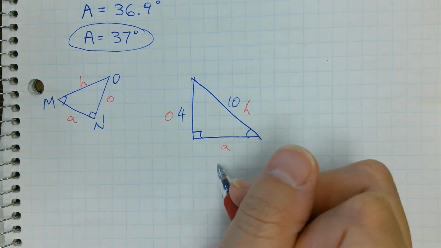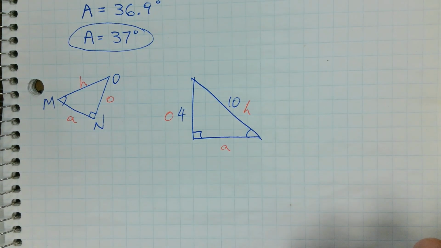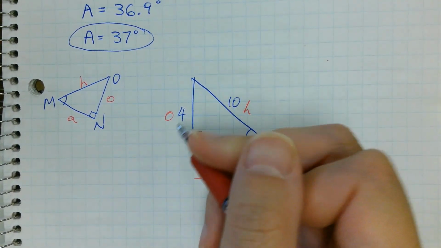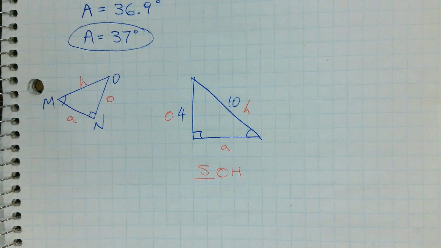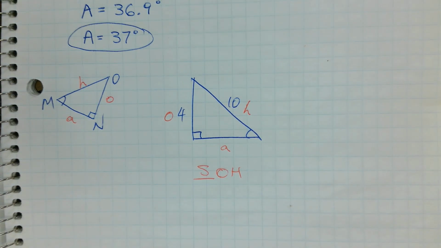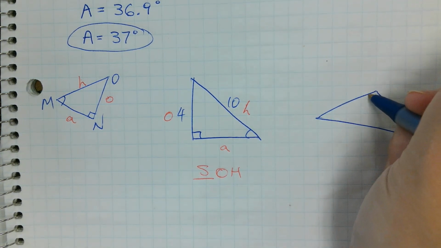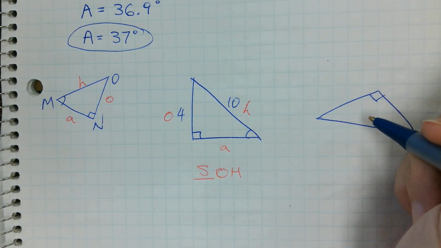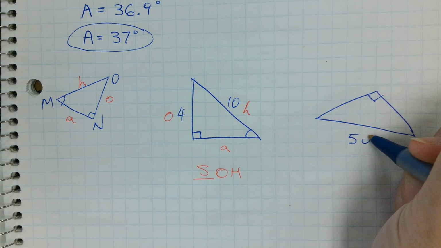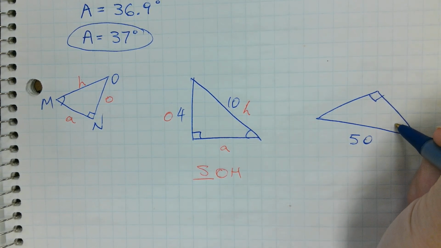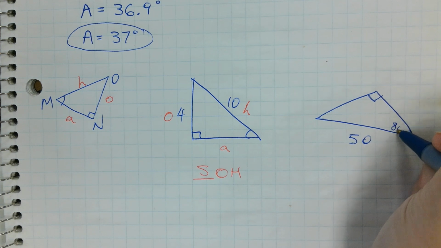So SOH CAH TOA, which one would I use for this? So. Okay. Because you're given O and H, so you know it's SOH. Okay. This one. Let's say that, and then 80 degrees.